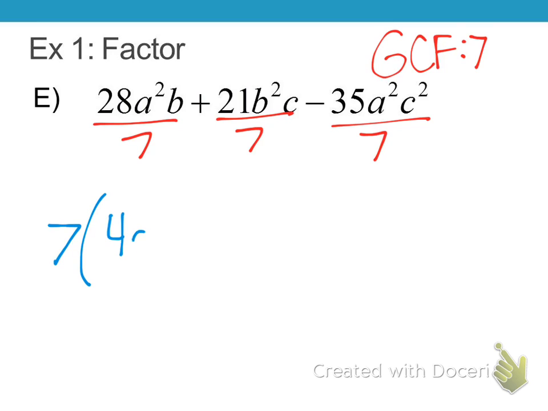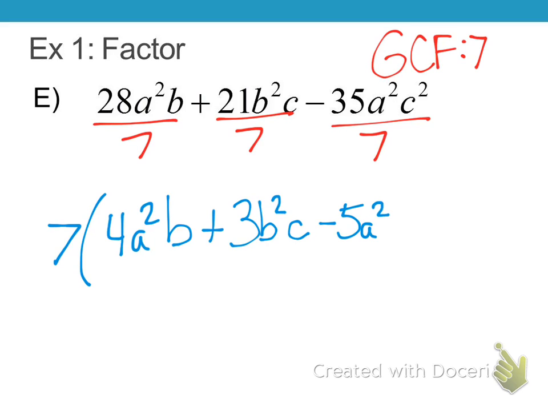So 4a squared b plus 3b squared c minus 5a squared c squared.